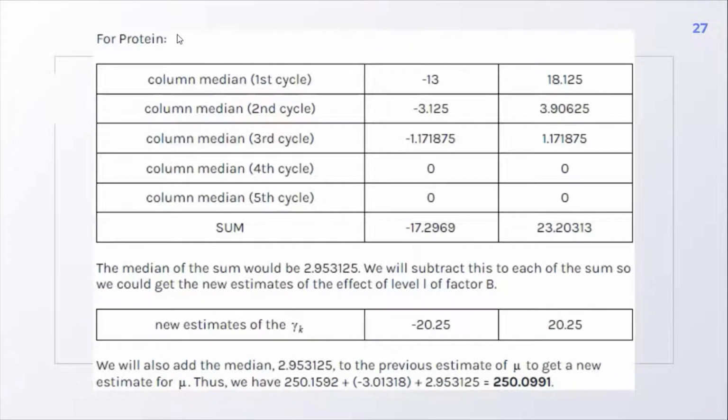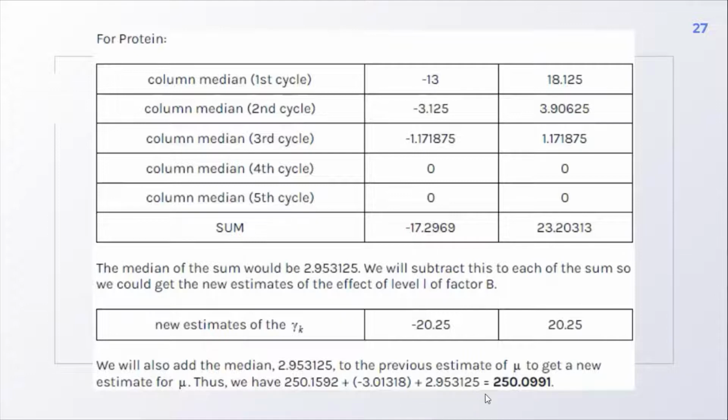For protein, similar to what we did for lysine and methionine, we will first center the sums of the column medians after performing the 5 cycles. Then, the result of centering the column medians would be the estimates for the effects of each level of protein, and the median subtracted would be added to the previous estimate of the mu.